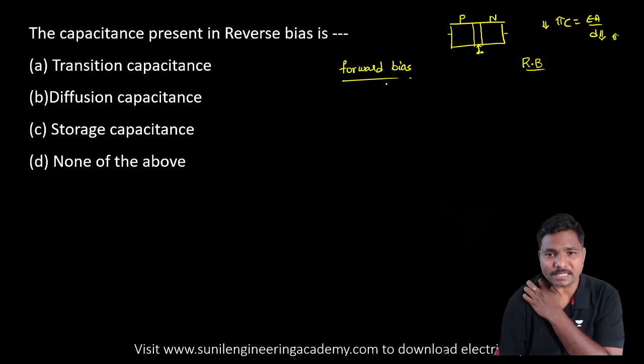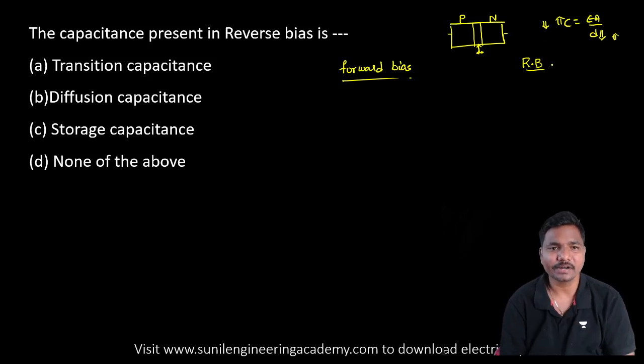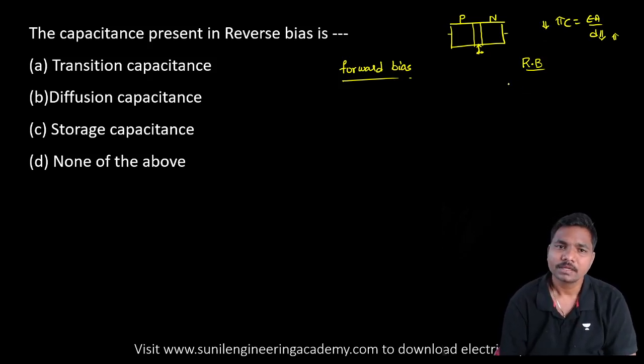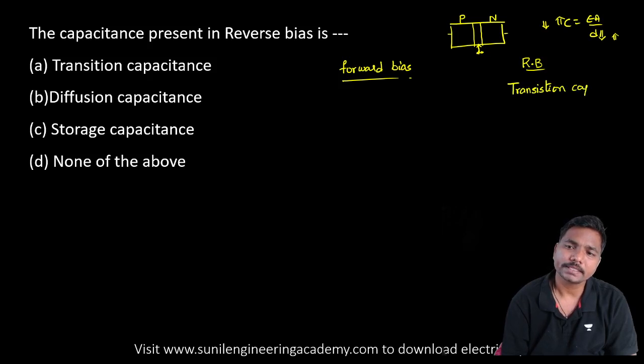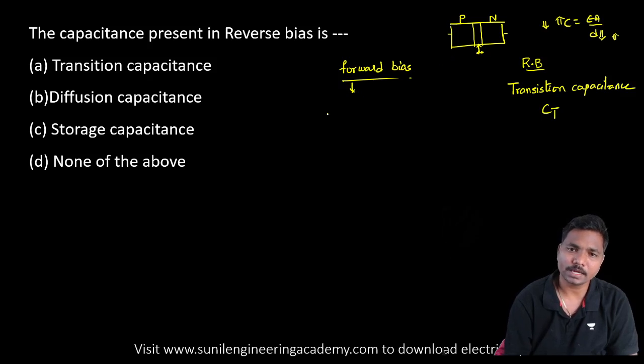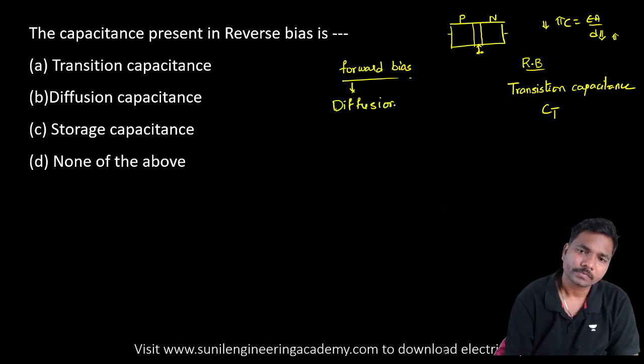Okay, so the capacitance present in reverse bias is considered as transition capacitance. You can also say that it is CT. The capacitance which is present in the forward bias is nothing but diffusion capacitance or storage capacitance.